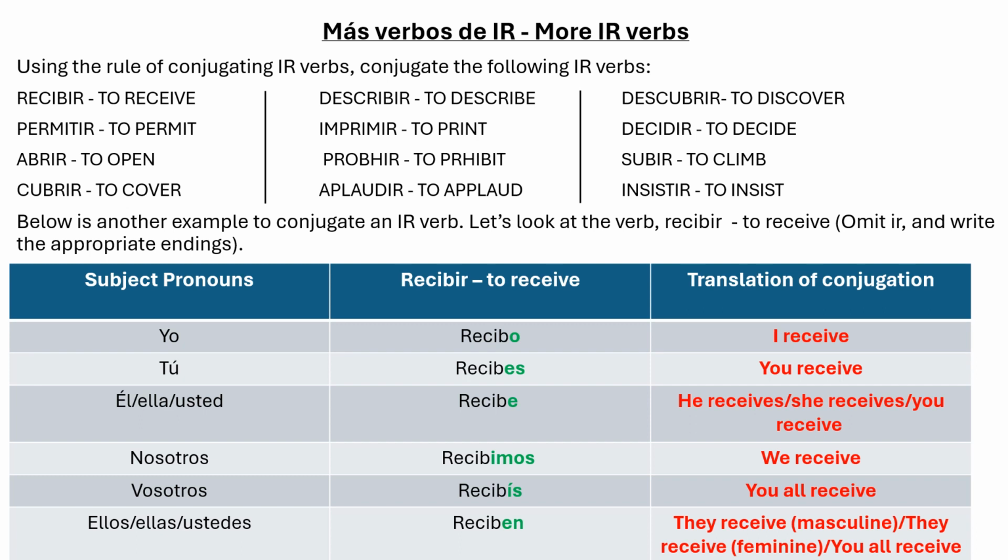Vosotros recibís, you all receive. Ellos, ellas, ustedes reciben. They receive masculine, they receive feminine, you all receive formal. So these are the endings for IR ending verbs. This is another verb conjugation for you. Do not forget to copy this in your notebook and learn these.